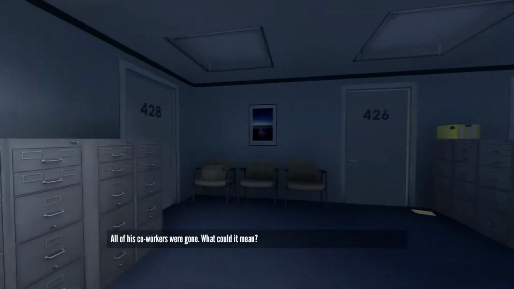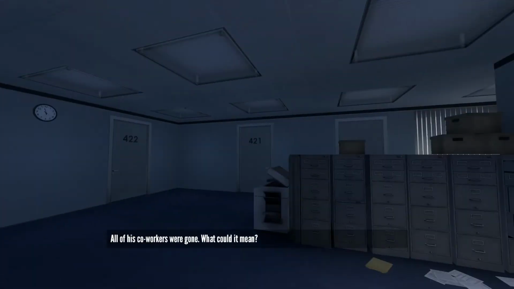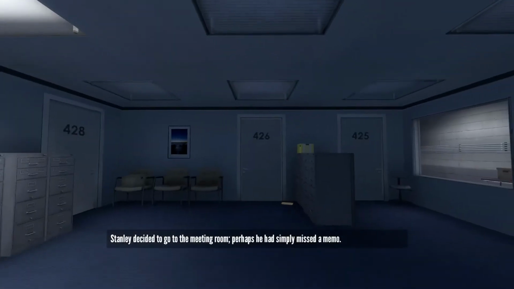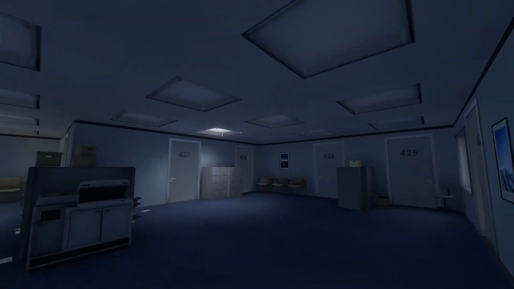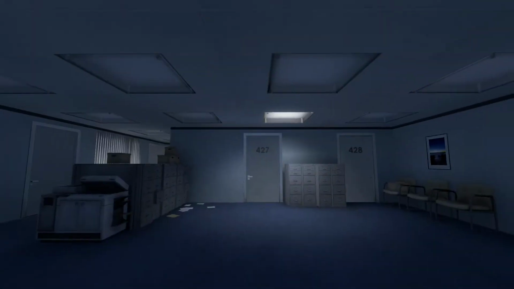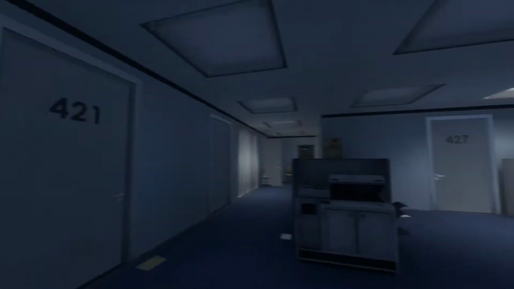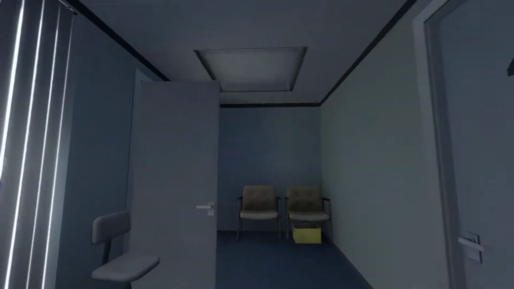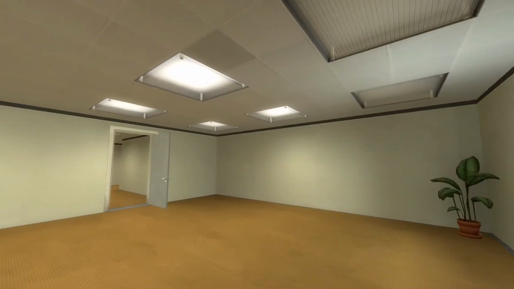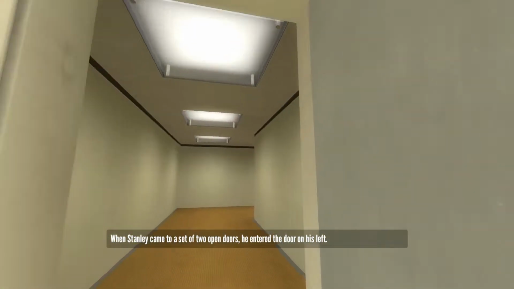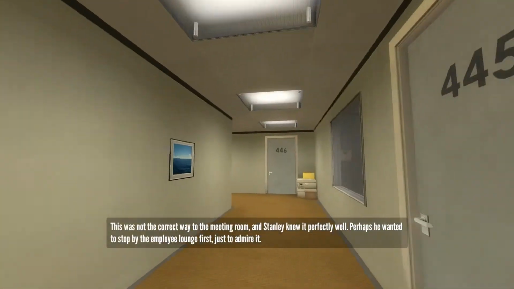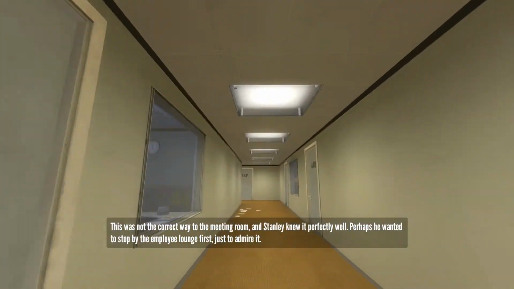All of his co-workers were gone. What could it mean? Stanley decided to go to the meeting room. Perhaps he had Man, can I not achieve that 4:30 thing? Cause look. When Stanley came to a set of two open doors, alright, dude, let's do things your way. This was not the correct way to the meeting room, and Stanley knew it perfectly well.